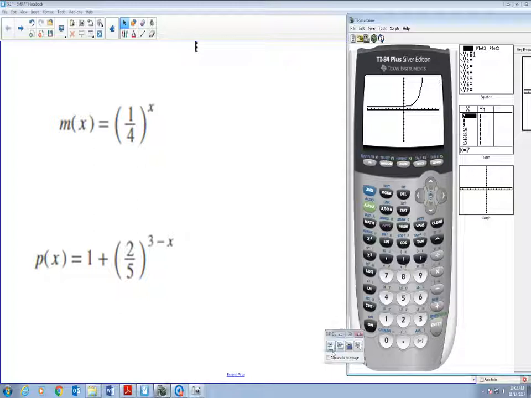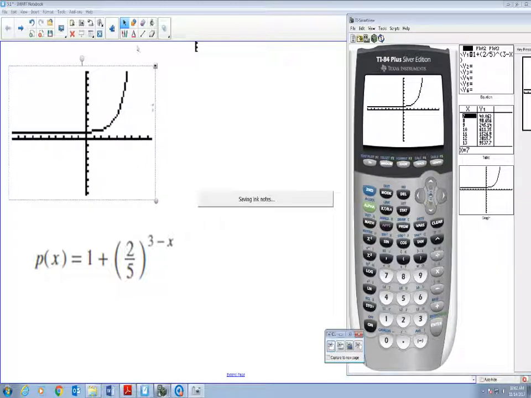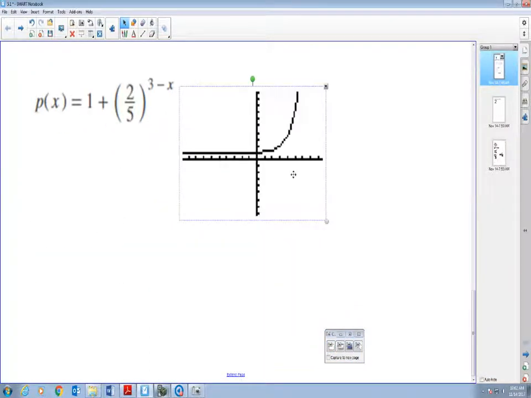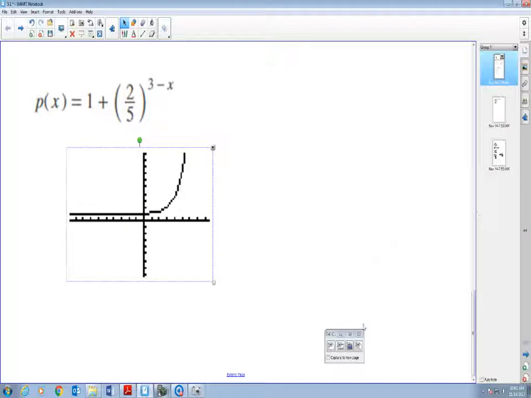There you go. So the plus 1 shifts my graph 1 unit up. Alright. So these are the basic graphs.